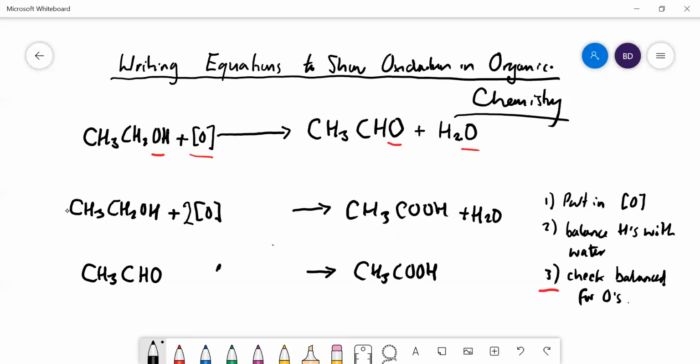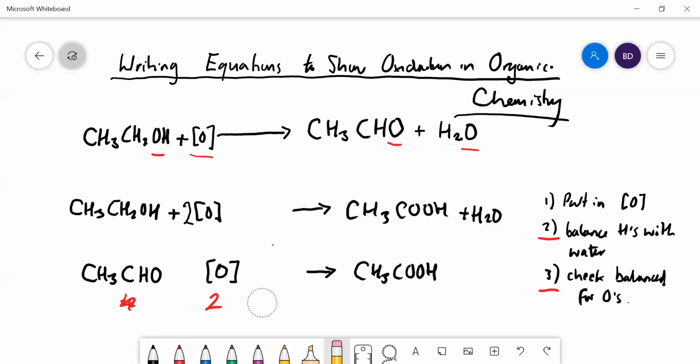Put an oxygen in there with a bracket around it. First of all, let's balance our hydrogens with water. We've got 4 hydrogens on the left and 4 on the right, so we don't need to do anything there. Check if it's balanced for oxygens. We've got 2 oxygens on that side and 2 on that side, so it's balanced. We don't need to put any balancing numbers in.